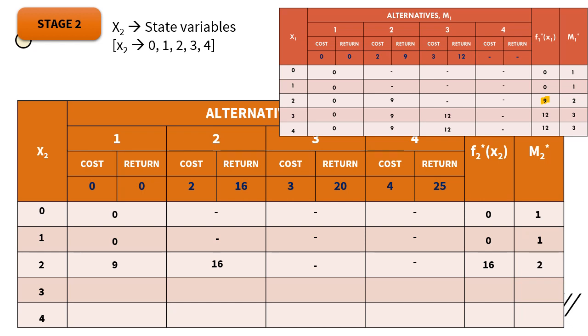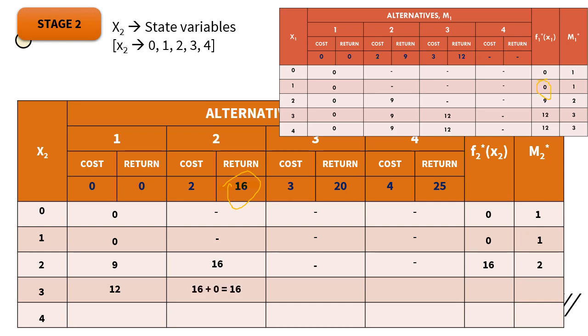If I spend 3 crores in the previous plant, I may get a return of 12. If I spend 2 crores here, I will get a return of 16, and 1 crore on the previous stage, I won't get any return, 0.